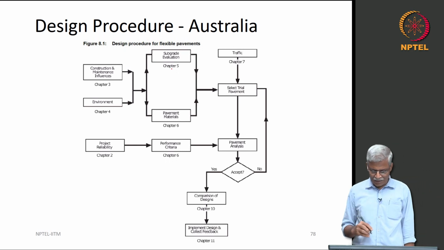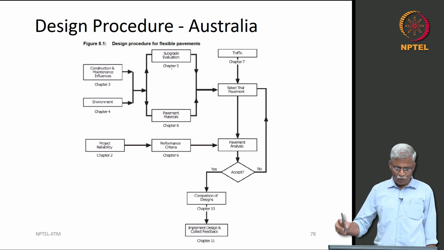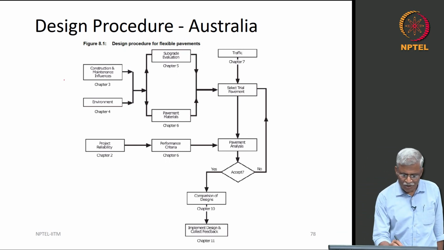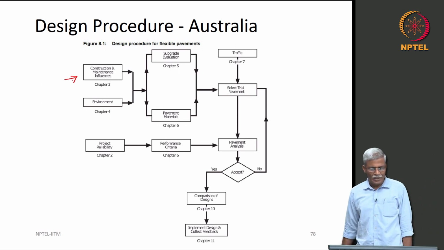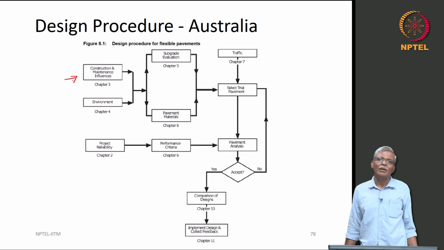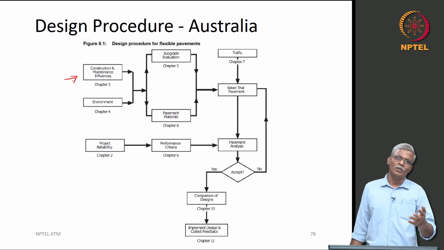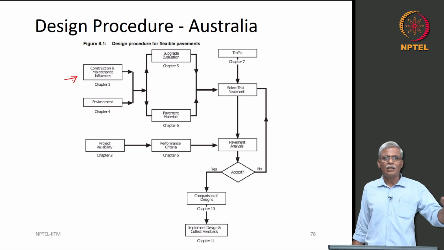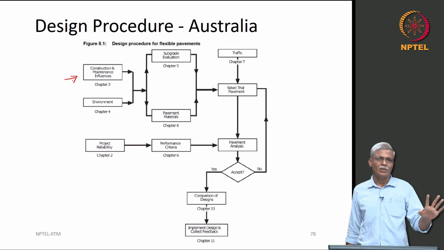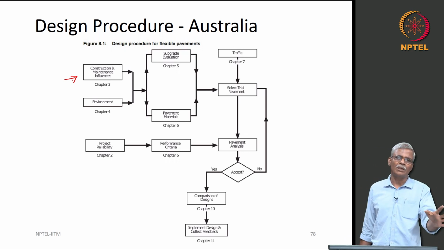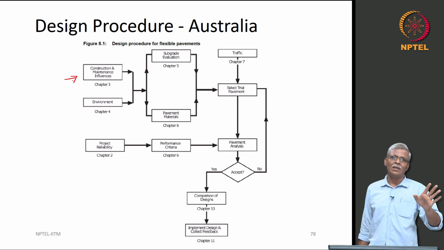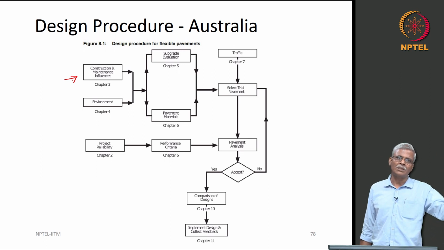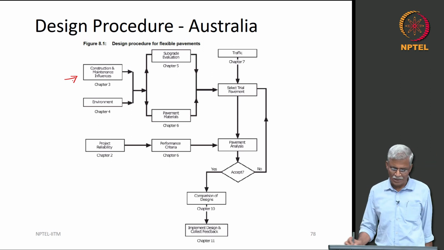Now, this is very interesting if you really go through the chapter number. First, if you look at chapter 3, they talk about construction and maintenance influences. So, the starting point is not stress analysis, okay. The starting point is not material characterization, the starting point is from the construction and maintenance influences.